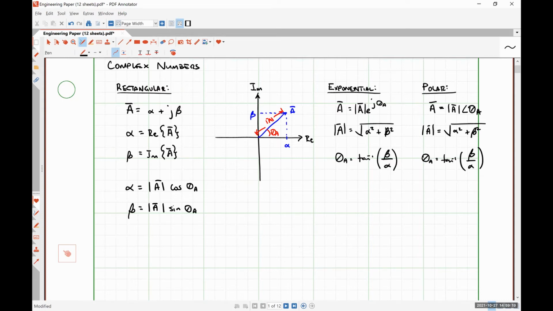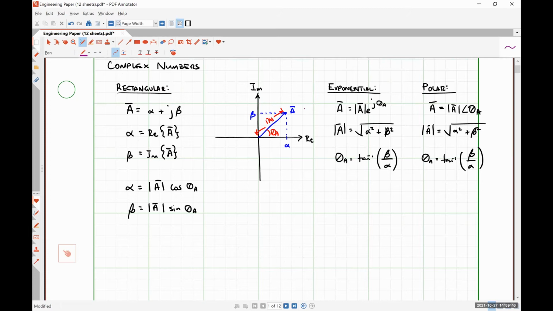But before we get to that, I want to introduce something that I believe will actually be new for the overwhelming majority. And that is the concept of the complex conjugate, okay? So what the complex conjugate operation does is it simply flips a complex number about the real axis.